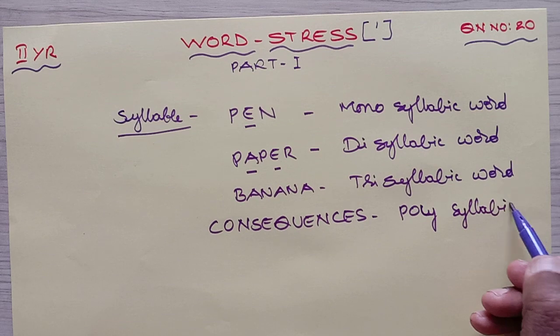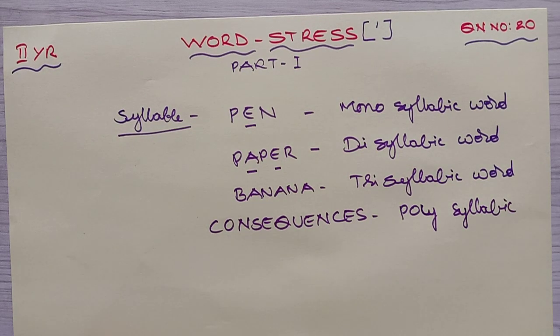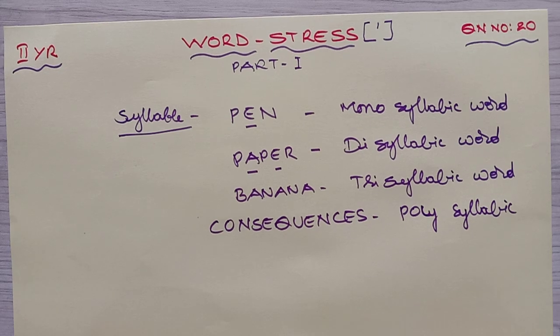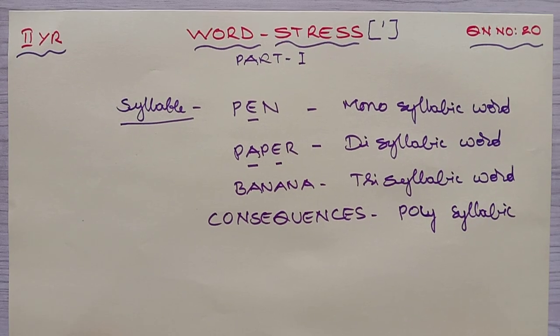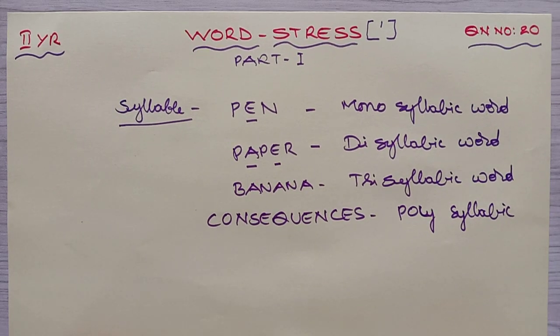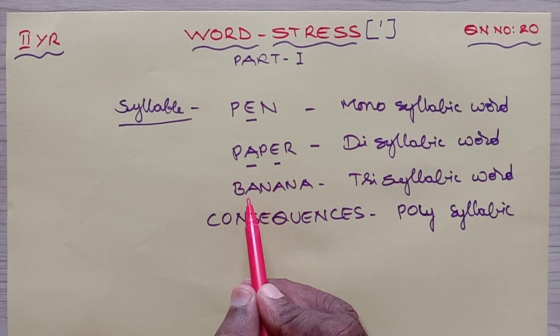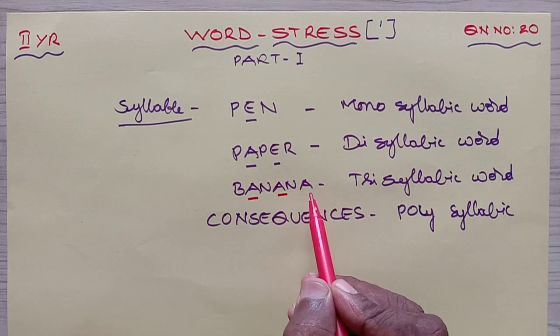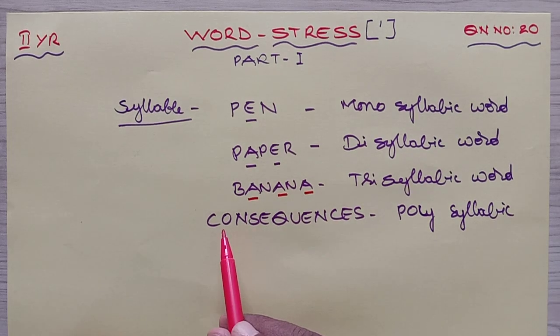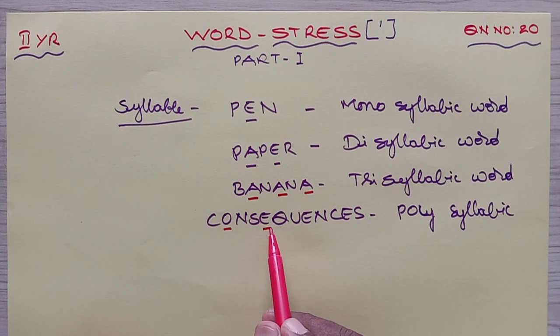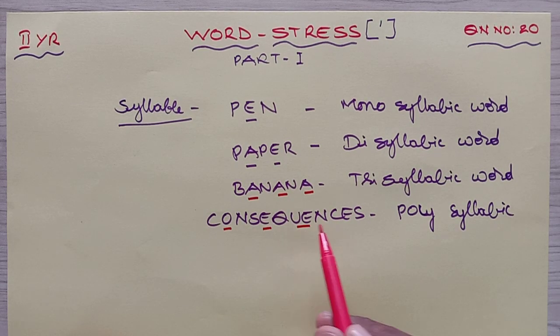Then why, while talking about stress marking, have I been explaining about syllables? Because the stress should be marked on a syllable, and we have to understand that. For example, here we have banana, consequences.